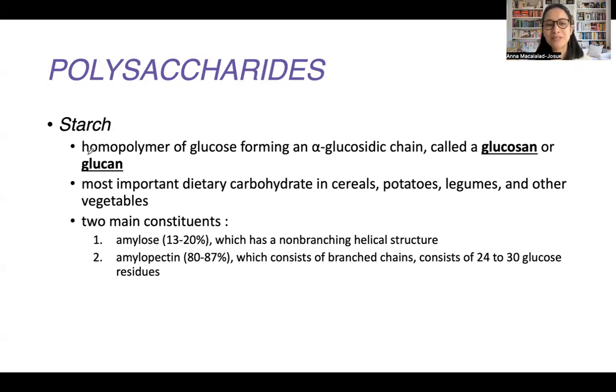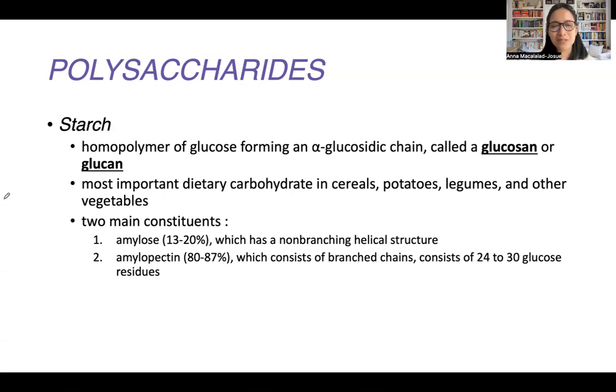And it's the most important dietary carbohydrate that you will encounter. No? You encounter it in cereals, potatoes, even legumes. No? Legumes are like your beans, no? Your mungo beans in the Philippines, it's very popular, and even other vegetables.